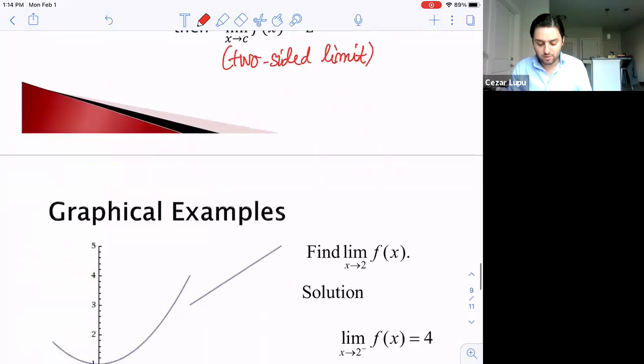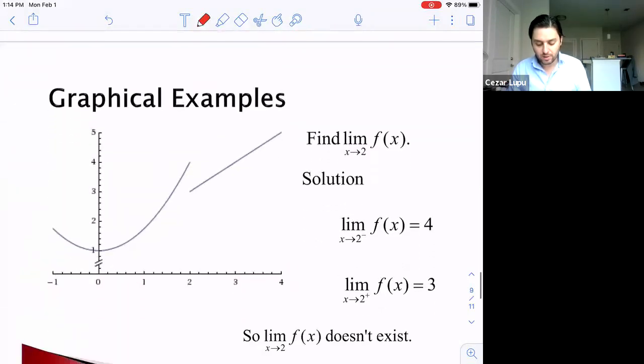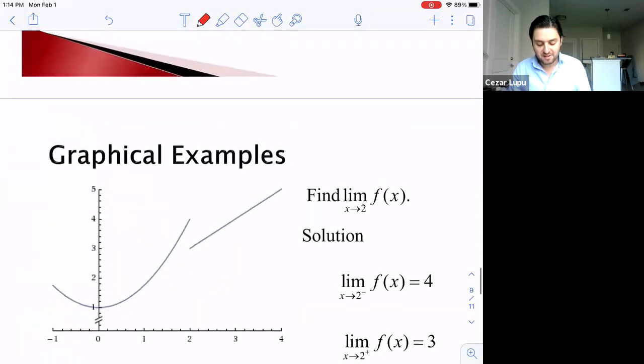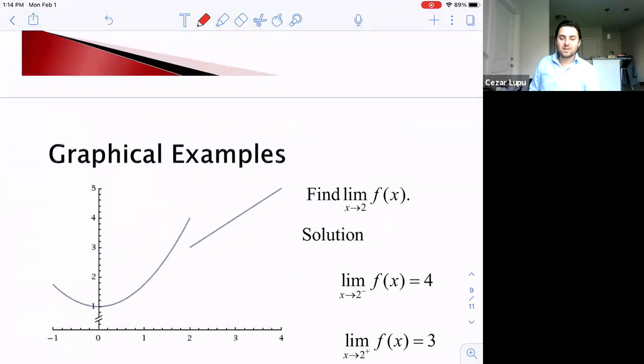Now, let me show you some graphical examples. Look at this function. You see how the function looks. Look at the graph. We would like to find the limit as x approaches 2.